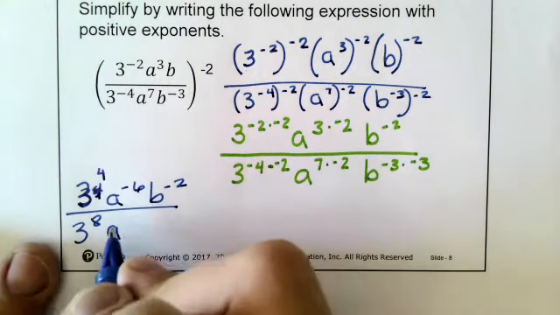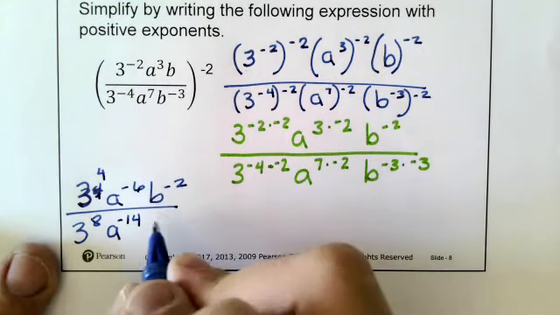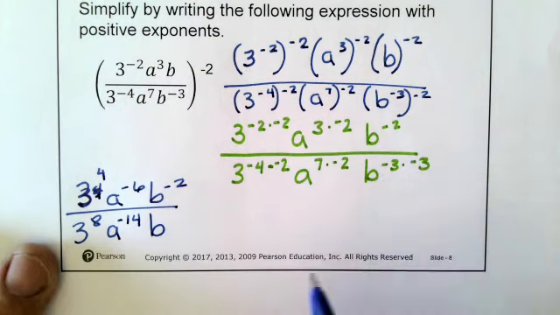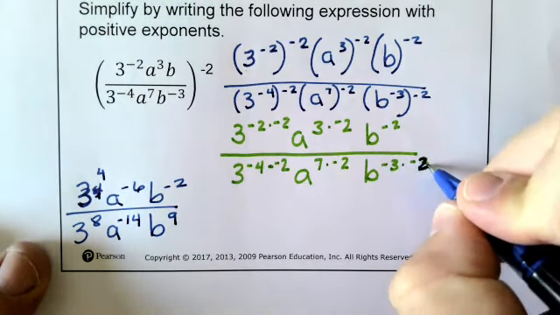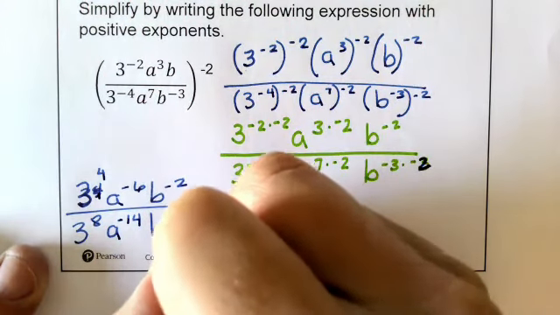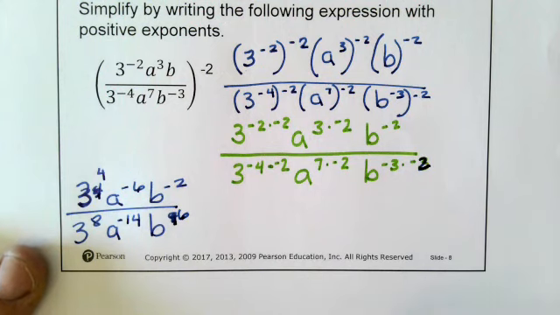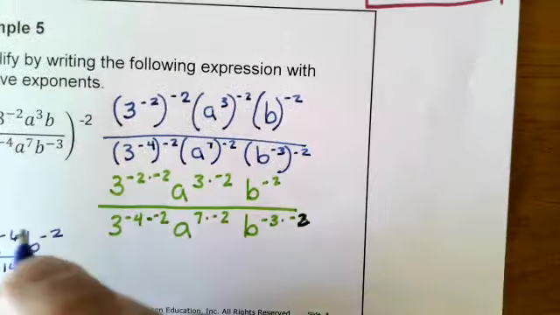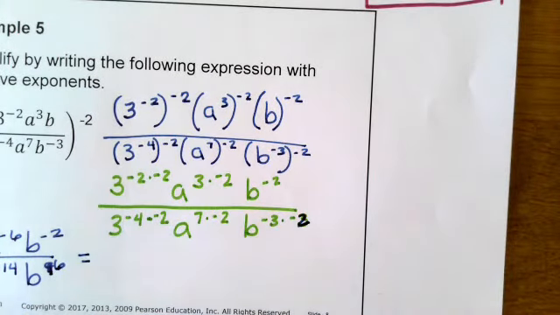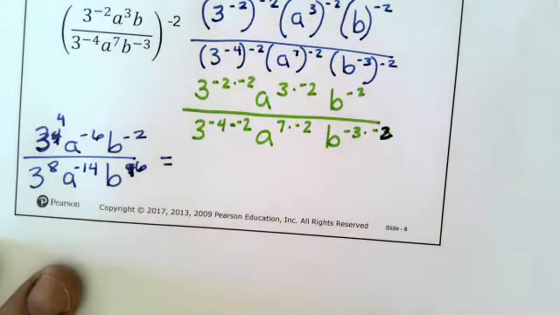A, 7 times -2 is -14. B, -3 times -3 is +9. Sorry, I wrote that wrong. That's a 6. It was a -2, and I wrote it as a -3. All right, so we have 3 to the 4th, A to the -6, B to the -2, 3 to the 8th, A to the 14th, B to the +6.